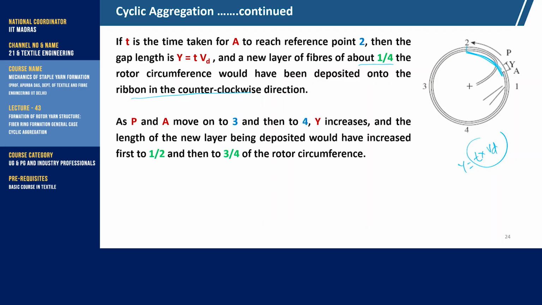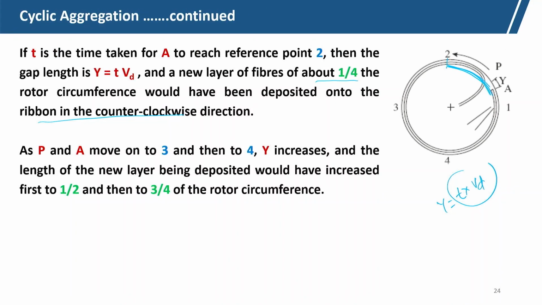Now, from there as P and A move to 3 and then to 4. So, P will move first from 2 to 3, then 3 to 4, and A will also move in this fashion. The Y increases and the length of the new layer being deposited would be increased first to half and then to 3/4 of the rotor circumference.